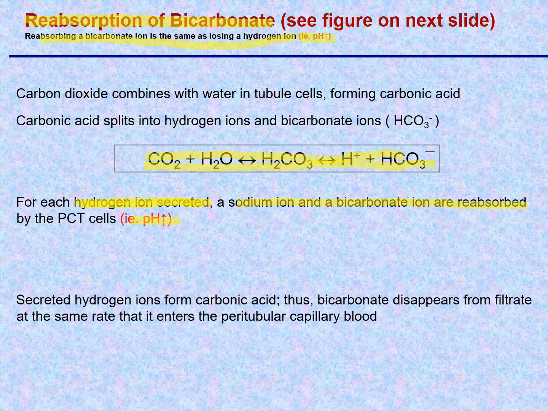The secreted hydrogen ions that go into the filtrate will form carbonic acid. If you're forming carbonic acid with the secreted hydrogen ions, then bicarb is disappearing from the filtrate at the very same rate that it's entering the bloodstream through reabsorption.